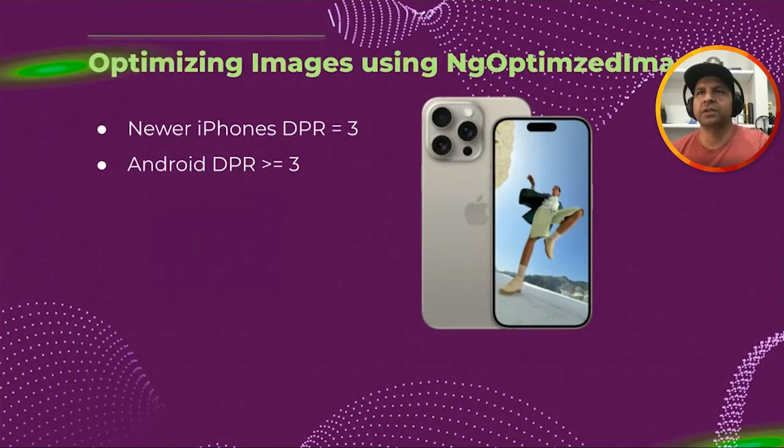Just for comparison, most newer iPhones have a DPR set to 3, and Android, for some reason, is always way ahead of iPhone. Their DPR is set to either 3 or higher already. Okay. So you will get a really high quality image on Android, while on iPhone, you may get one that is up to 3.